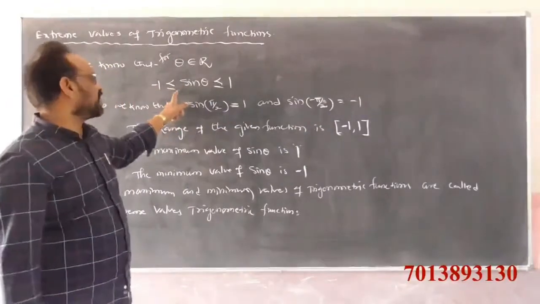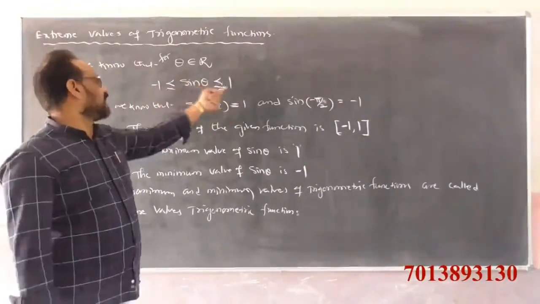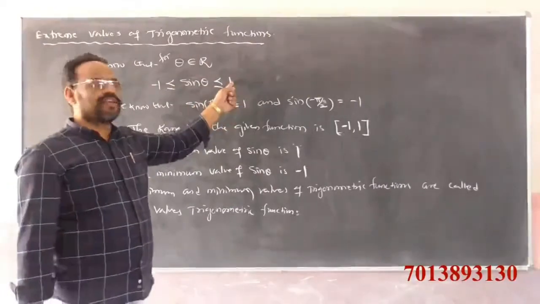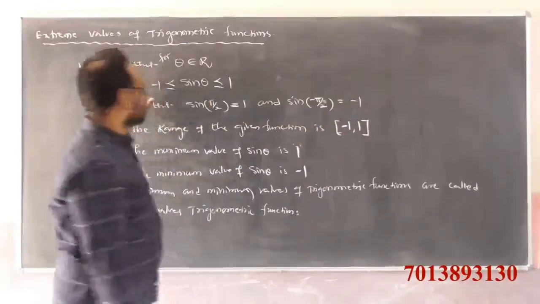So minus 1 is less than or equal to sin theta, which is less than or equal to 1. That means sin 90, that is sin pi by 2, is plus 1, and sin minus 90, minus pi by 2, is minus 1.